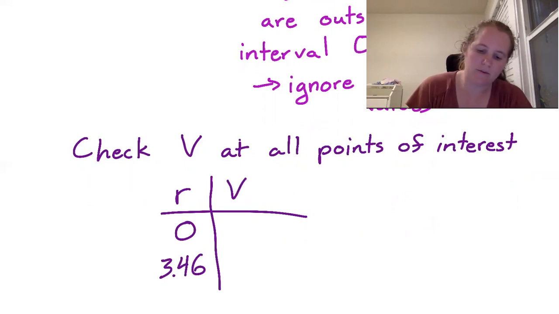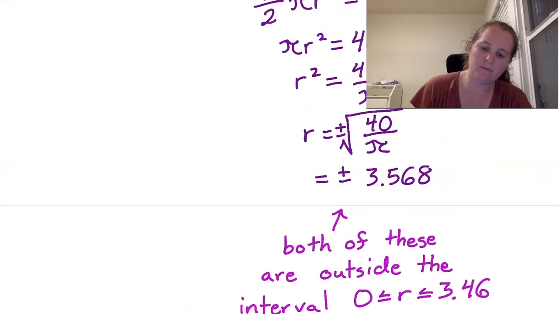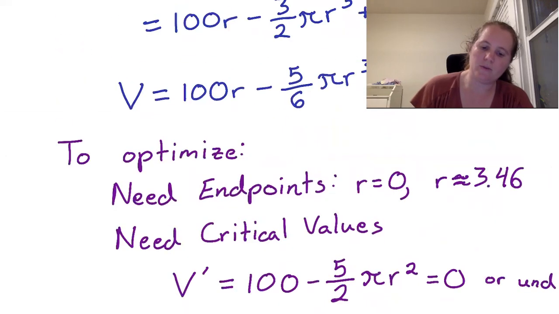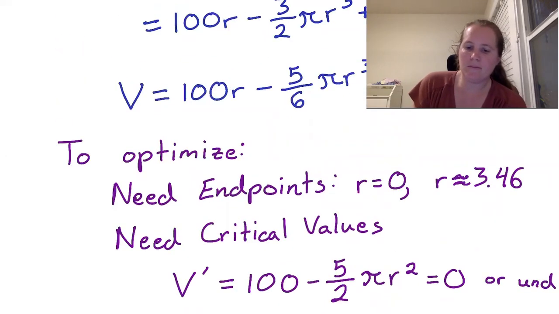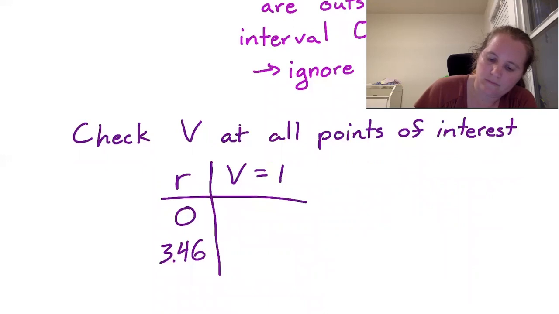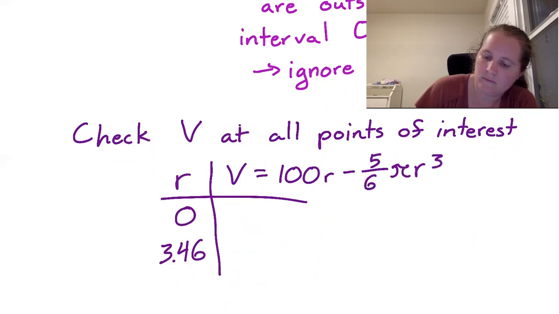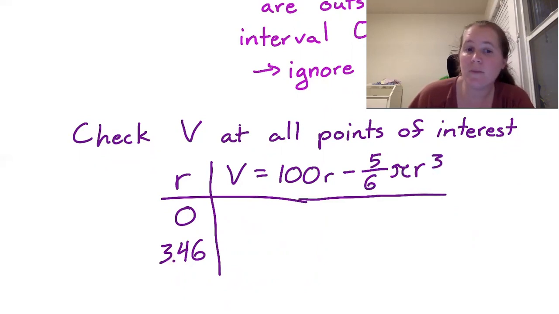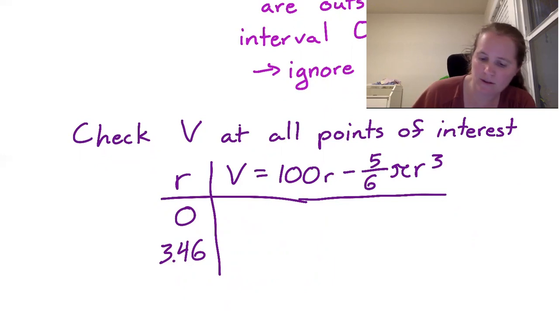And again, our formula for volume was 100 r minus 5/6 pi r cubed. I can tell you right off the bat that for r equals 0, the volume is 0.